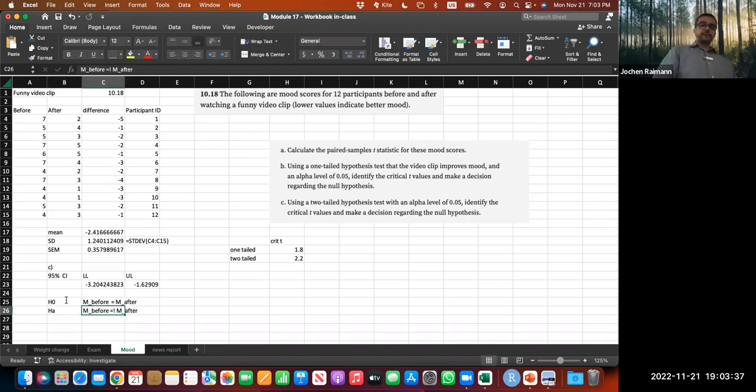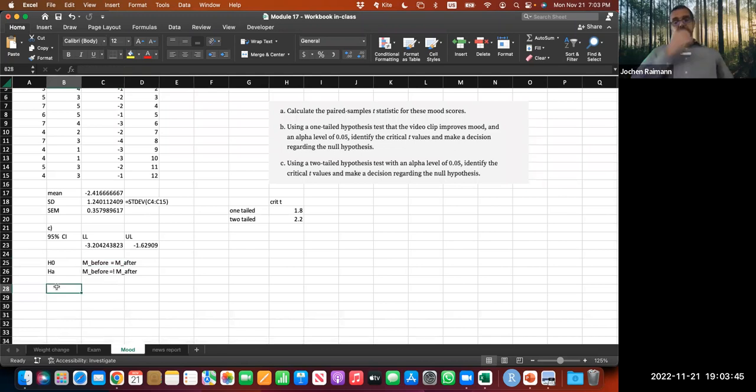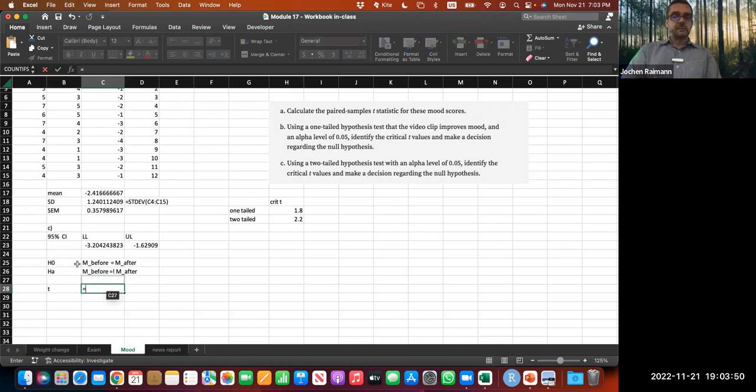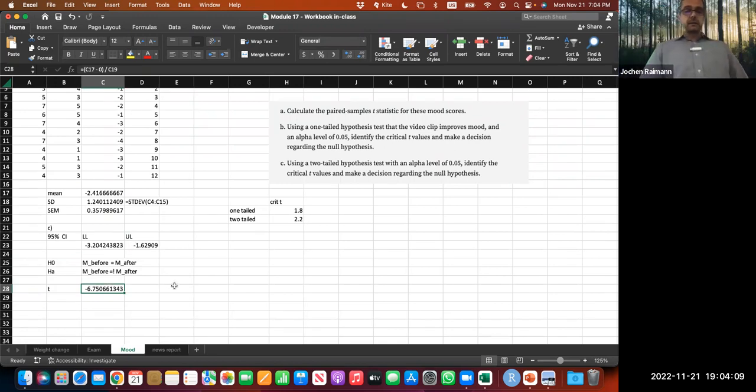Since the interval doesn't contain 0, we're rejecting the null hypothesis that there's no difference. Our t-statistic is calculated as the mean difference of minus 2.4 minus 0, divided by our standard error of the mean. That's minus 6.75, which is quite a substantial t-score, right? So this being said, we're rejecting our null hypothesis.